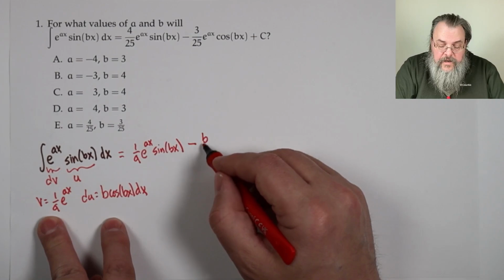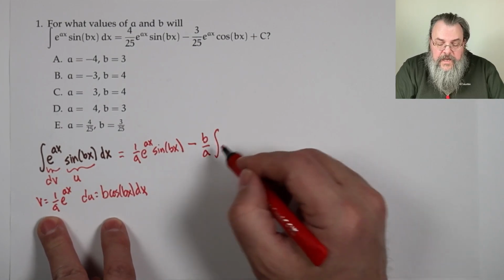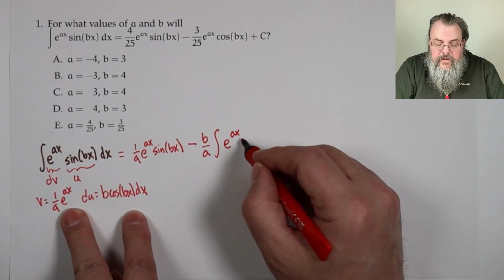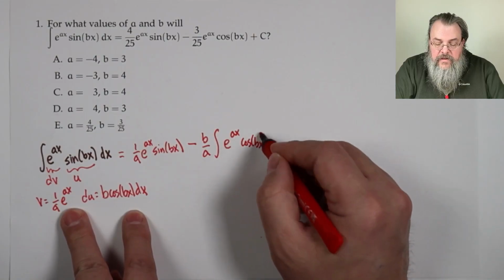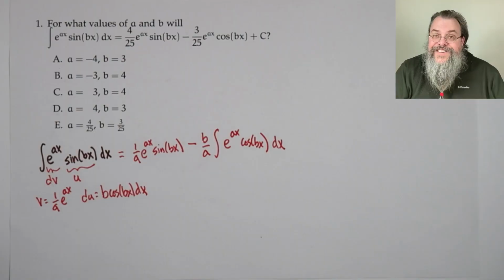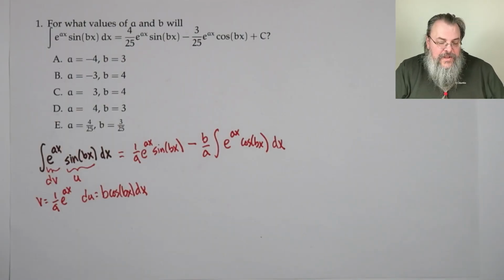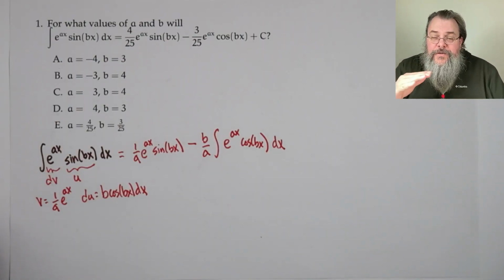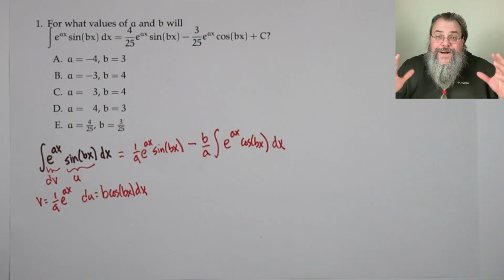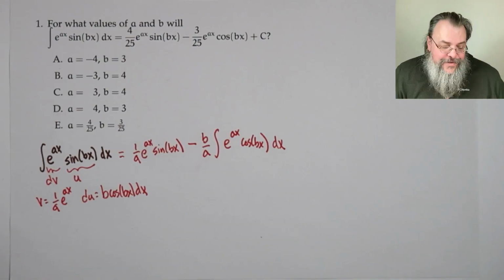I'll go ahead and pull the constants out in front. b over a integral, and we're going to have e to the ax cosine bx dx. Okay, good. Now, remember, we've mentioned this is a super special case where the idea of integration by parts is so nice, we'll do it twice.